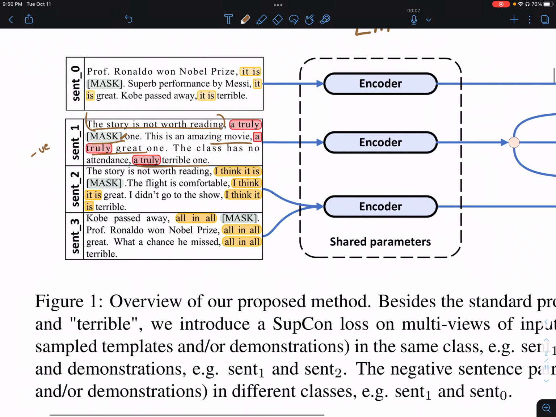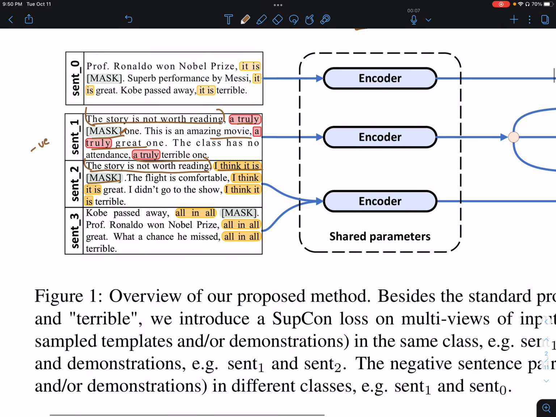Now you can see that in sentence one, the input is the story is not worth reading. In sentence two as well, the input is the same. The story is not worth reading. But how you convert that into a prompt is different because the template which is applied is different. Here the template is, I think, instead of a blank, I think it is mask. And then the demonstrations are also different.